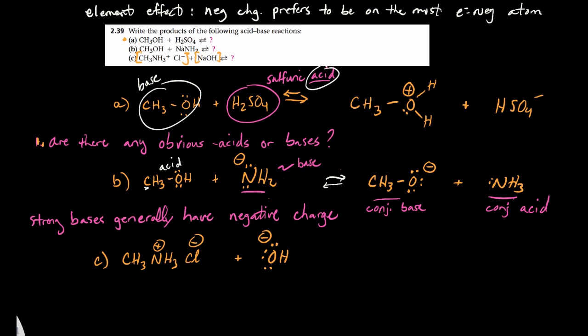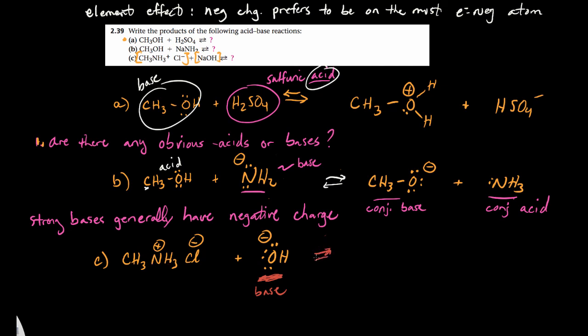In this case, since we know hydroxide, just intuitively, we've probably heard that sodium hydroxide is a base. We can start by assuming that this is the base in this reaction. And so if we assume that the OH minus is the base, where is the acid?